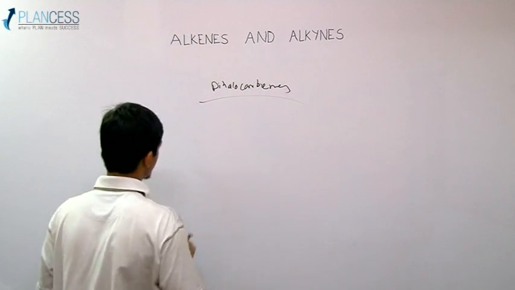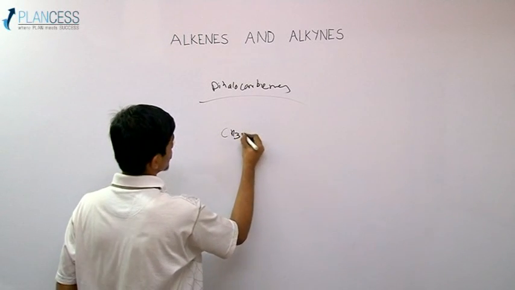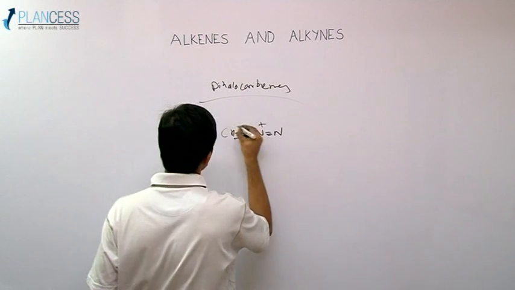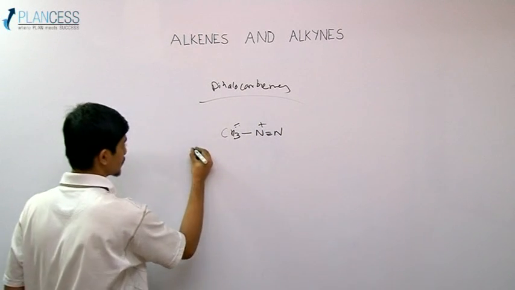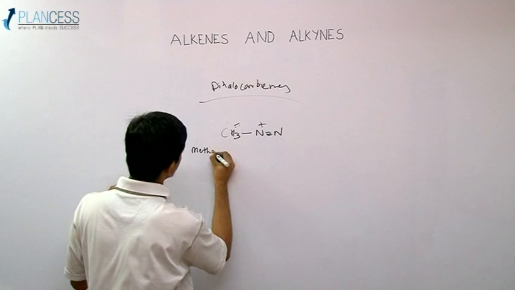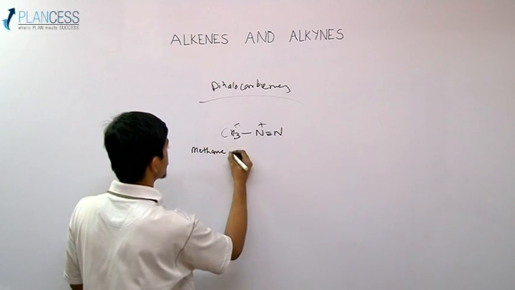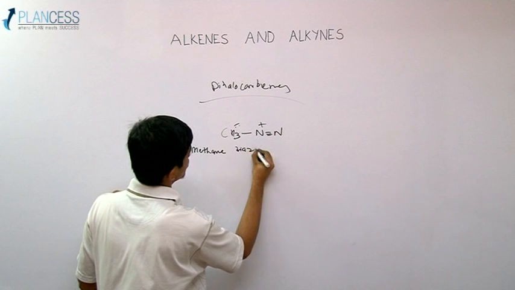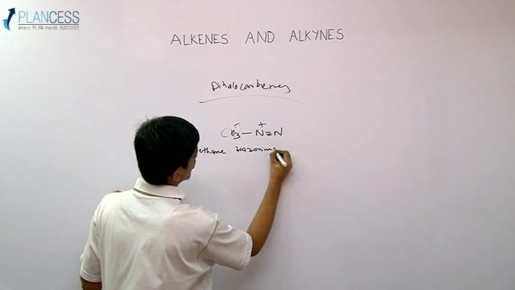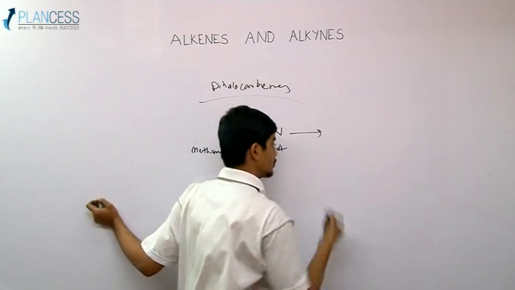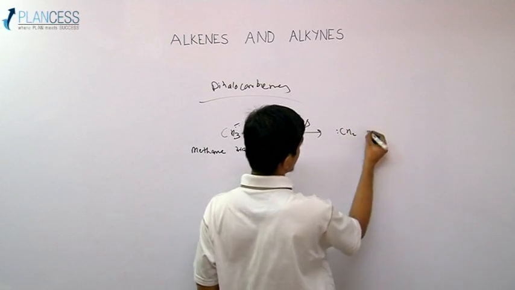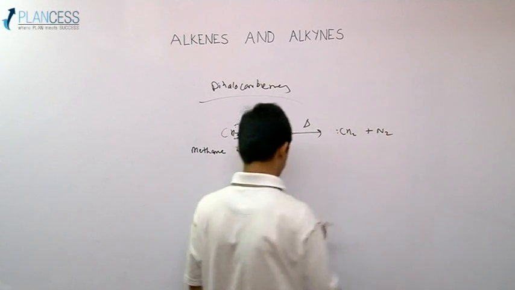Carbenes can be produced by using methane diazonium salt. Now this is called the methane diazonium salt, and if you heat it, it immediately decomposes into a carbene and nitrogen. You heat it, you will get CH2 carbene plus N2.